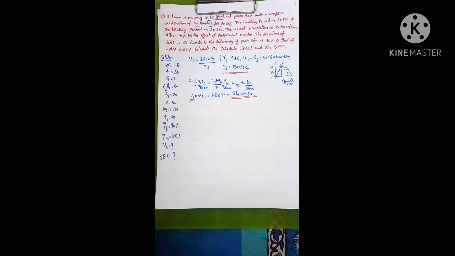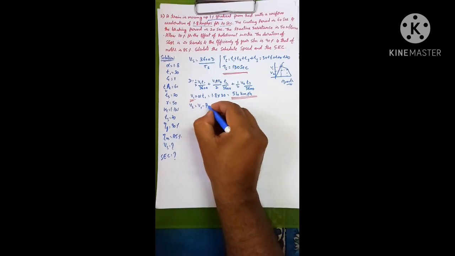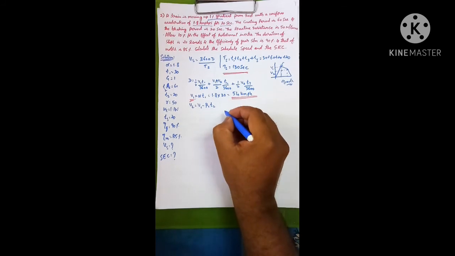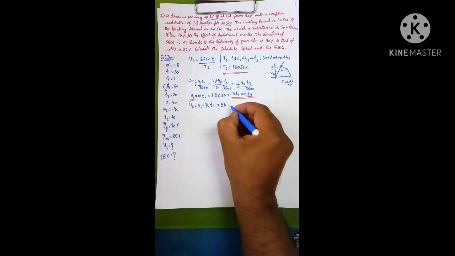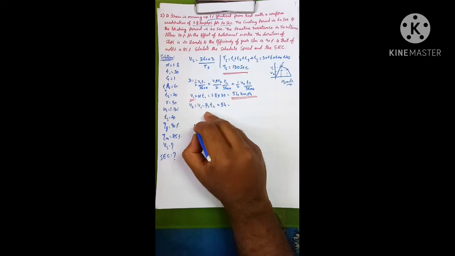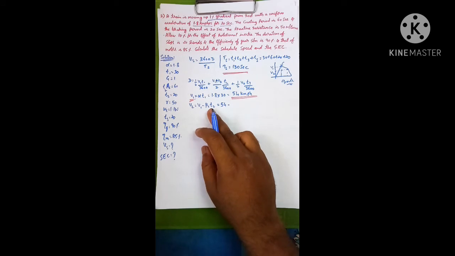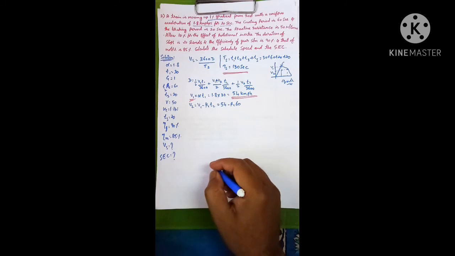So how to find V2? We have a formula: V2 equals V1 minus beta c, that is the coasting retardation, into T2. V1 we just obtained, 54, minus beta c. What is beta c? Is it given? No. The coasting period time is given, but the coasting retardation is not given, so we need to find it. Beta c, let me keep it as it is. T2, yes, we know it's 60. So how to find beta c? That's the question now.